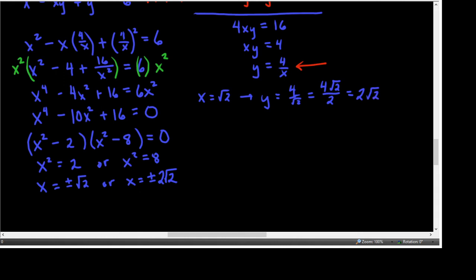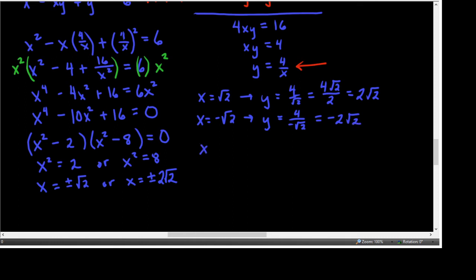When x is negative square root of 2, y is 4 divided by negative square root of 2, and that will simplify like we did the other one into negative 2 square roots of 2.